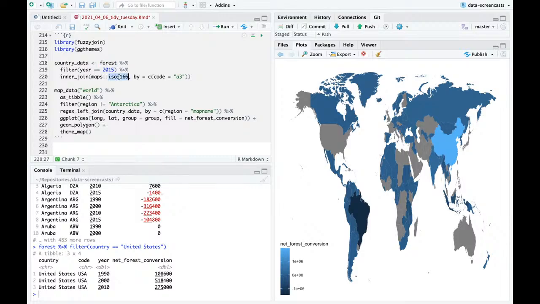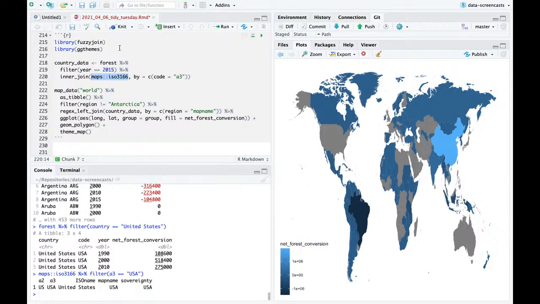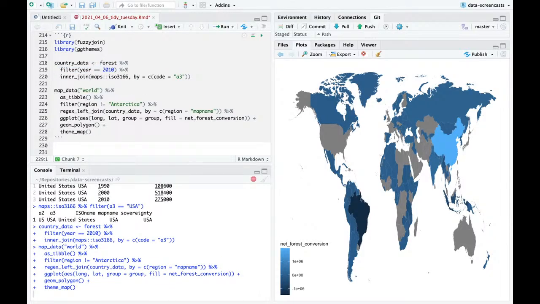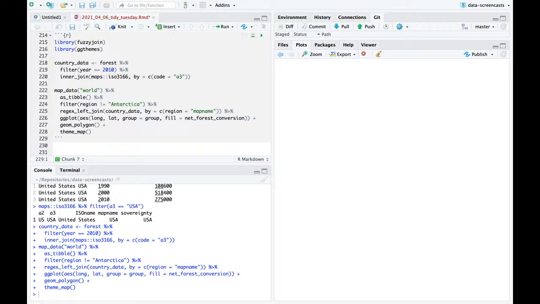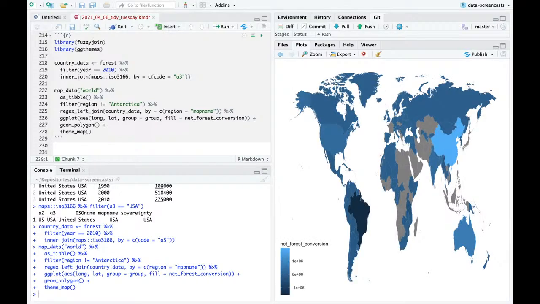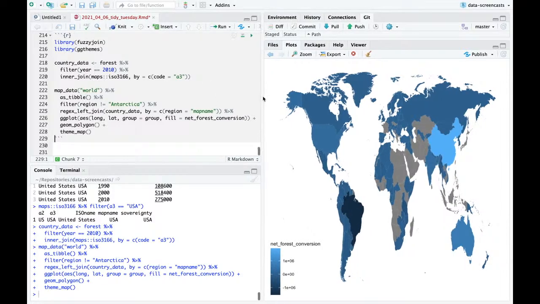USA is right there. USA is right here. Are we missing something? We're missing 2015 in the US. We're also missing Australia. All right, that's good to know. I'm going to skip the US. Sorry, I'm going to use 2010 data instead of 2015.